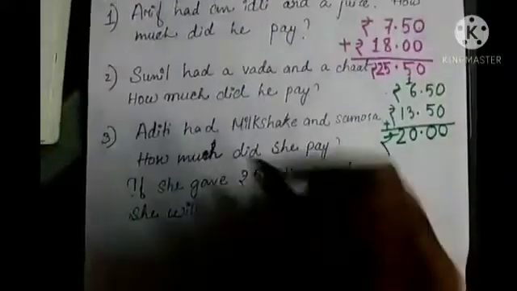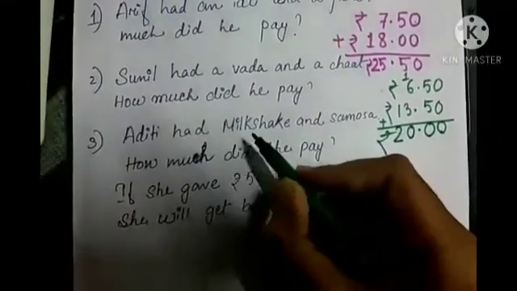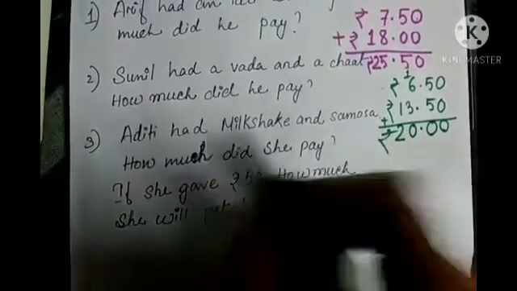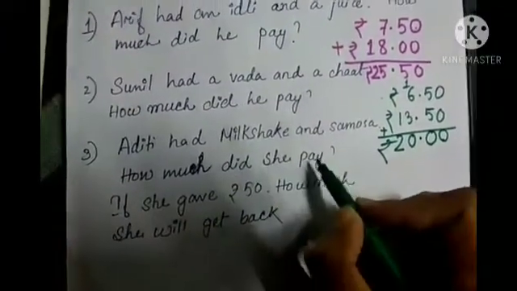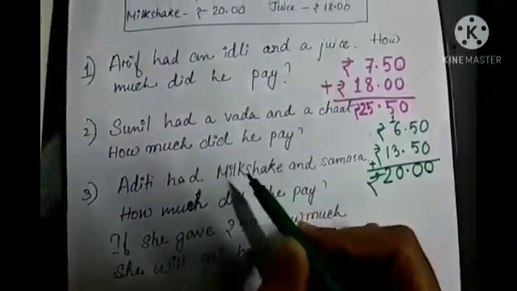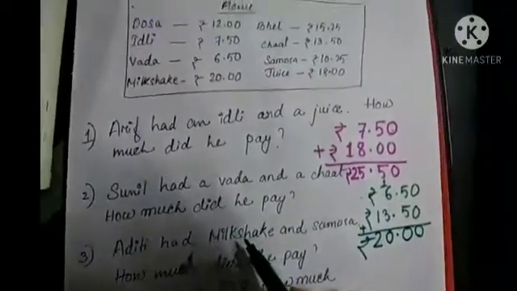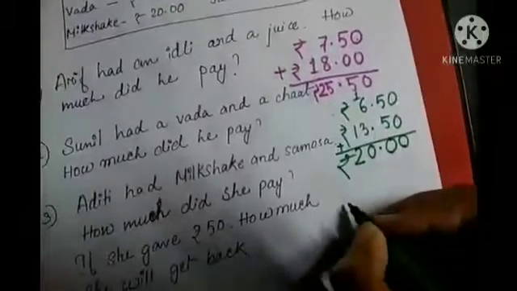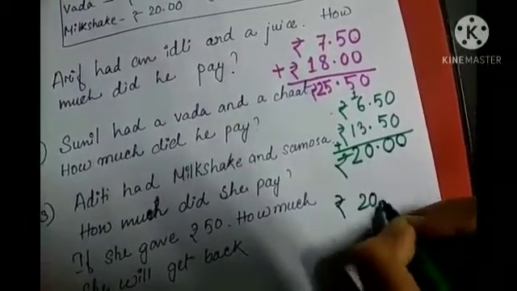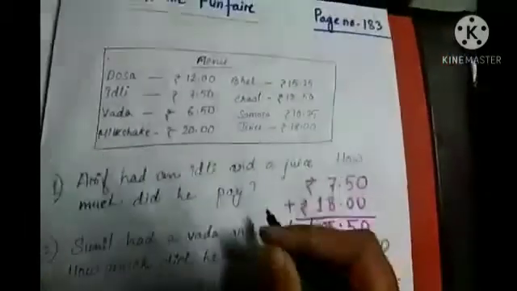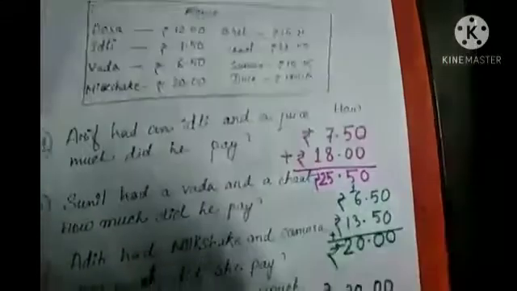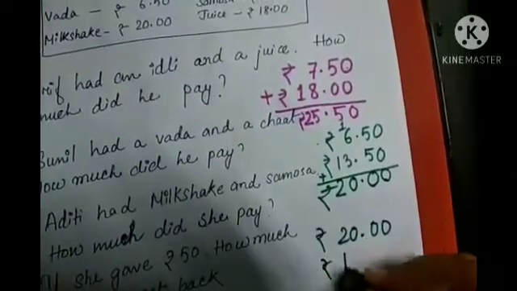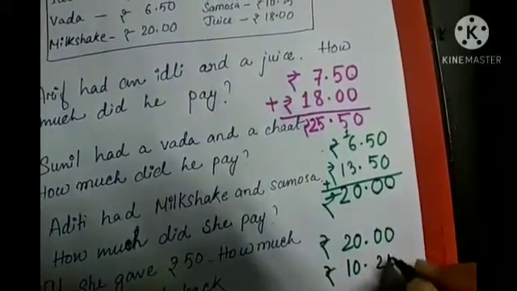The next question is, Aditi had a milkshake and a samosa. How much did she pay? From the menu, milkshake is rupees 20 and samosa is rupees 10 and 25 paise.